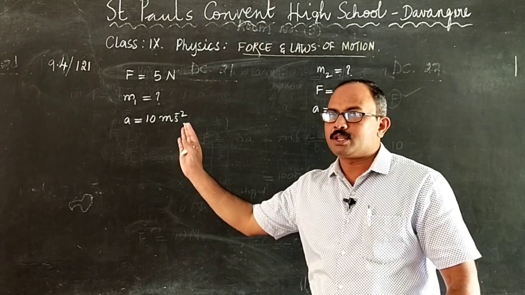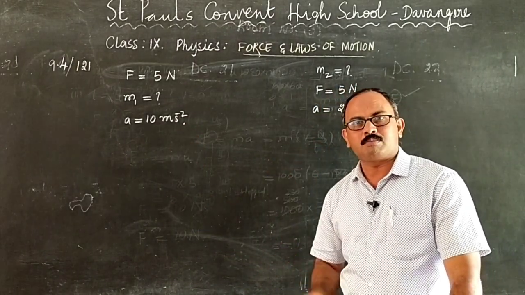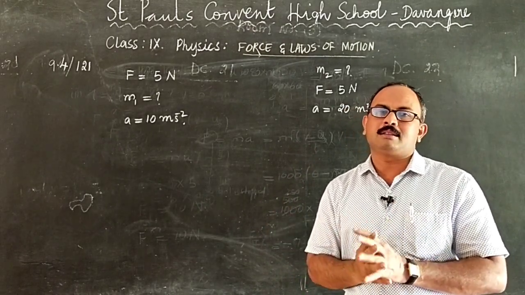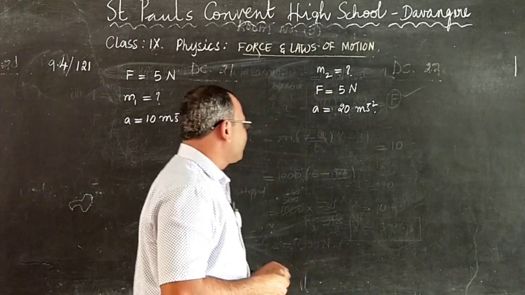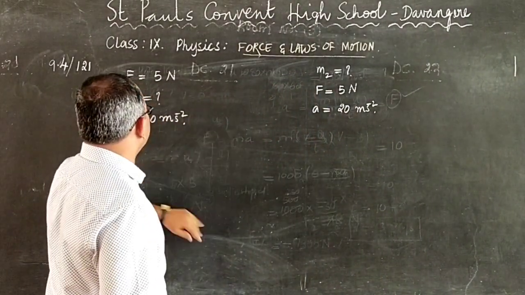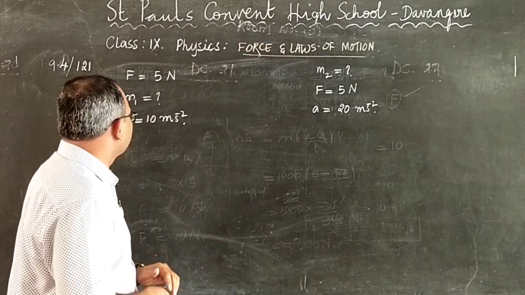In the first case, we need to find out the mass of the object. In the second case, the mass of the second object. We have to add the masses, then find out the acceleration. In the first case, we know that F is equal to m into a as per Newton's second law of motion.